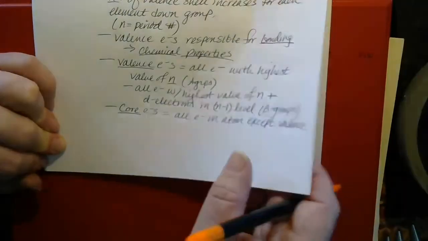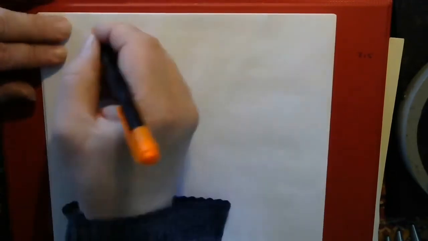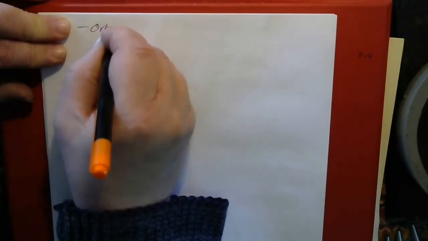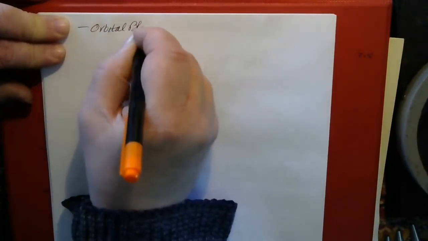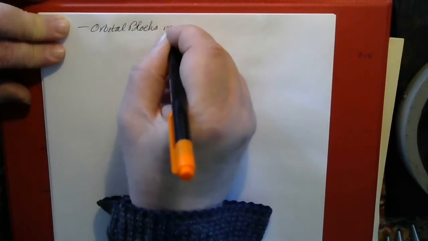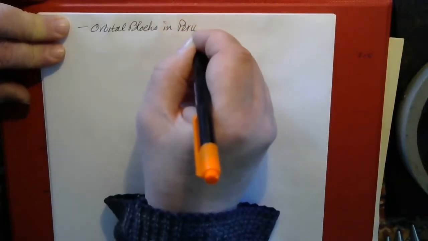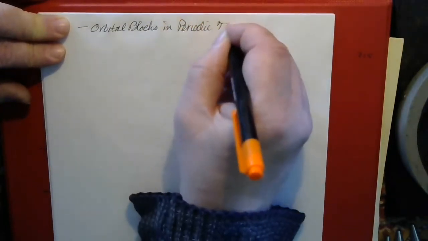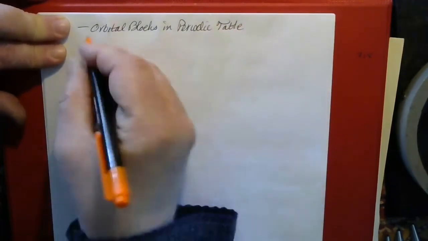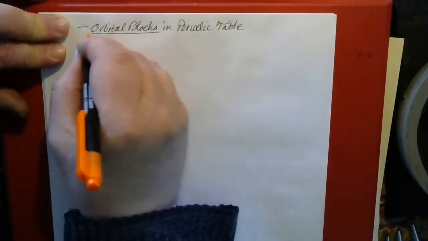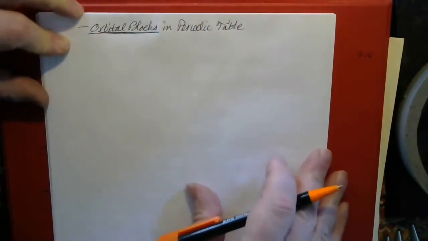Okay, the way that the orbital types correspond to the periodic table, as I mentioned before, is a very useful thing to know. And those are what are known as orbital blocks in the periodic table.